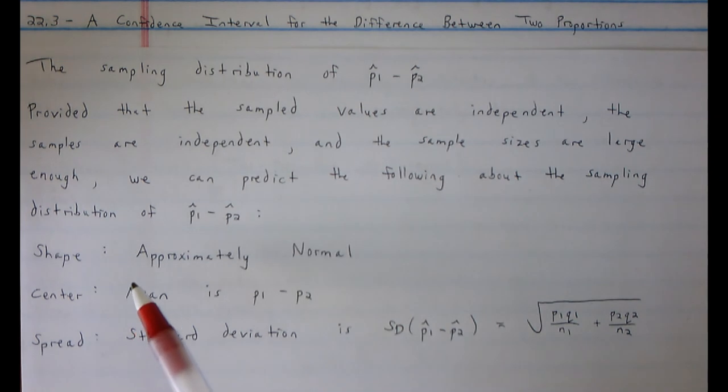For shape, the distribution will be approximately normal. For center, the mean is p1 minus p2, the true proportion for population 1 minus the true proportion for population 2. And for spread, the standard deviation is the square root of p1 q1 over n1 plus p2 q2 over n2.